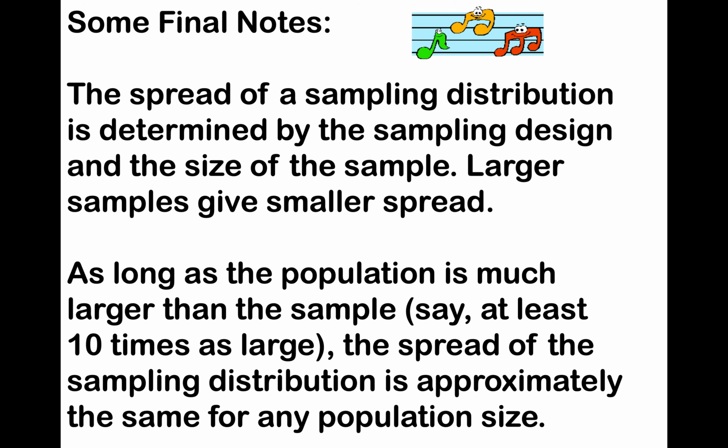So even though the population is much larger for the United States than it is just for Ohio, as long as our population is at least 10 times larger than our sample, which in both cases it would be, then you get a good estimation, equally good for both of them. So that's important to keep in mind as well.